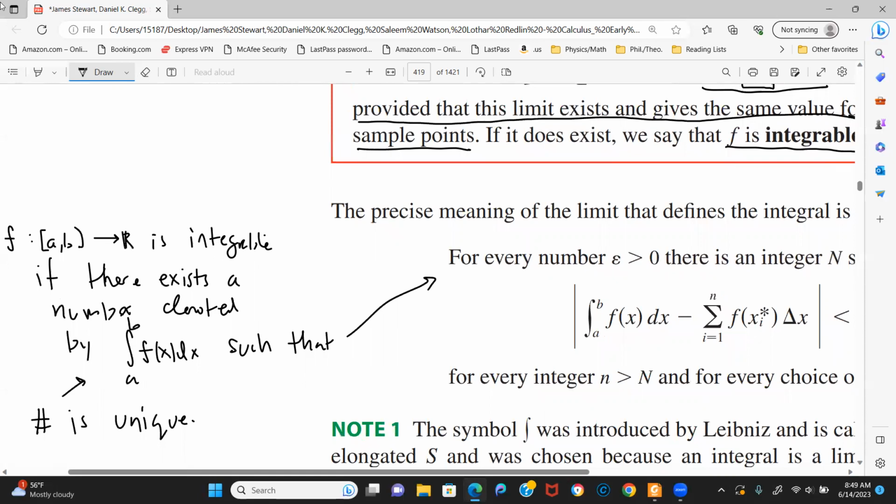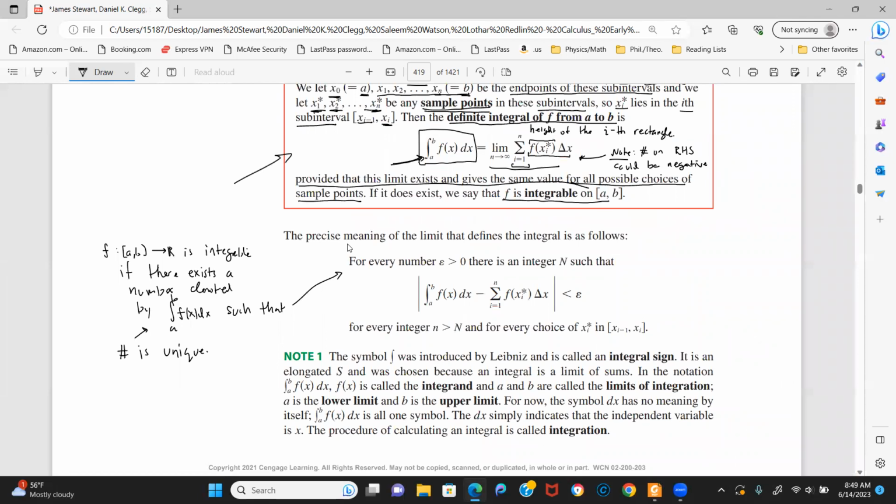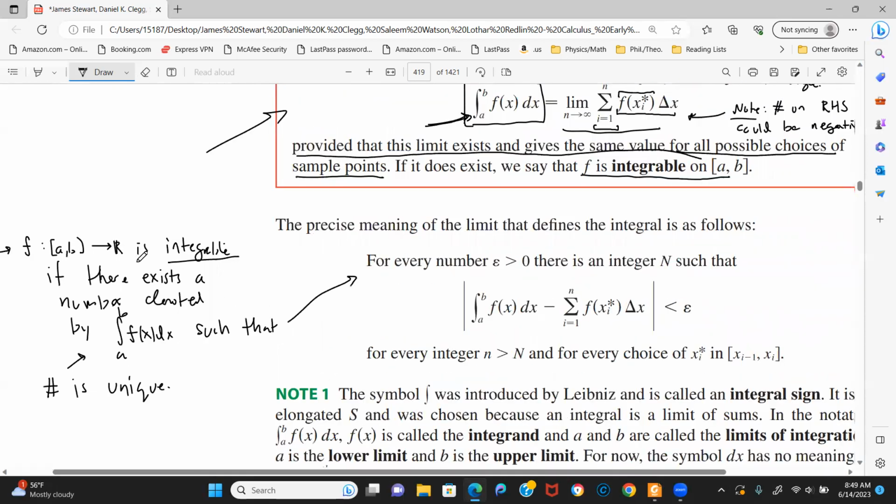So what this definition says, let me zoom out a little bit so you can see everything. This whole complicated definition says that your function f from the interval a to b is integrable. I don't know how you say it, I've heard it both ways.